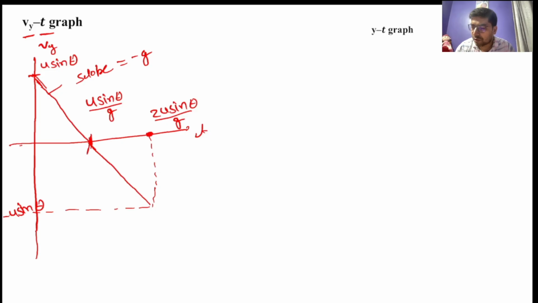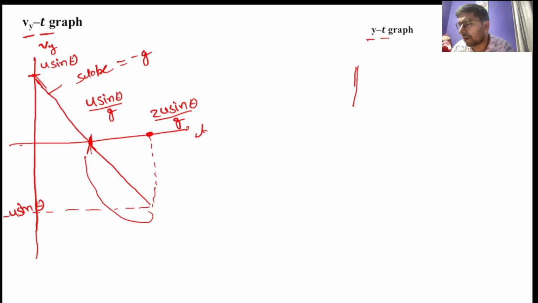If you calculate the slope of this portion also, you get the same slope, minus g, because acceleration due to gravity is constant in the same direction. Clear? Any doubt? No.